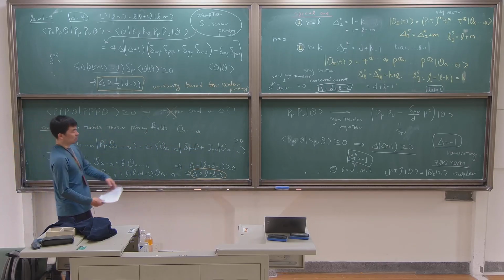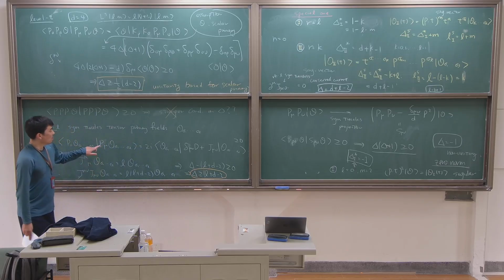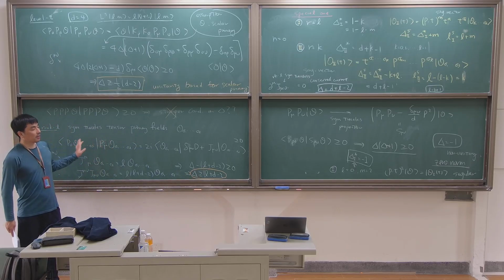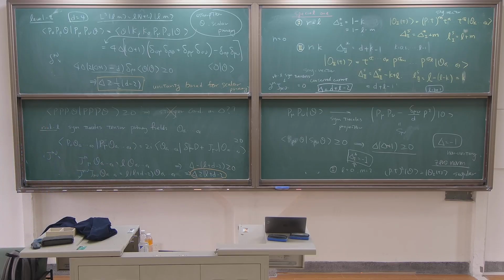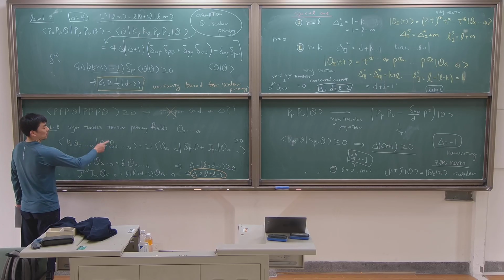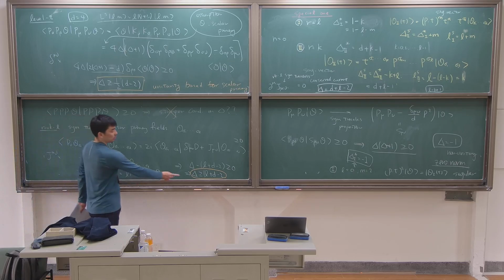So to get this bound, we take P acts on O and take the inner product, right? Okay, I see. I think I made a mistake. This is not the correct way of taking it. Anyways, P acts on O and take a norm to get this unitarity bound.